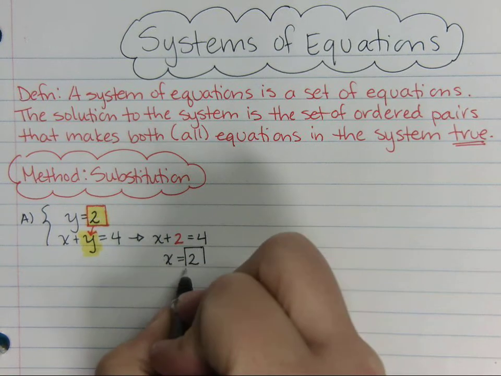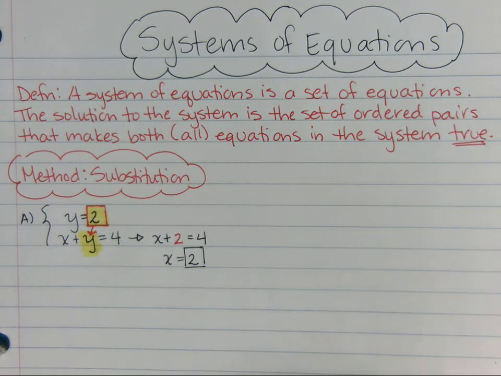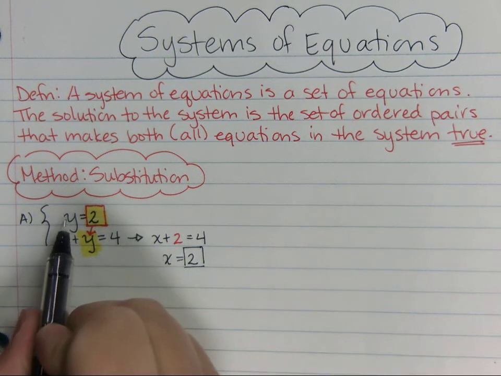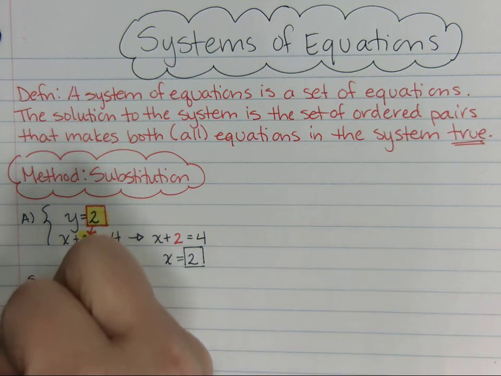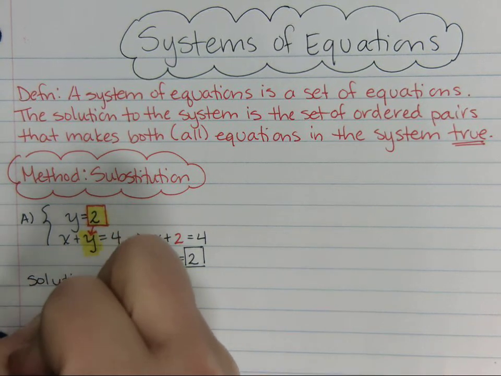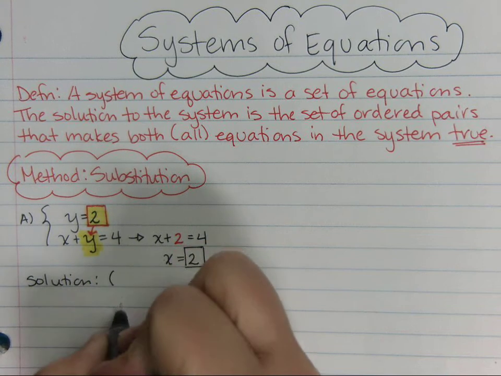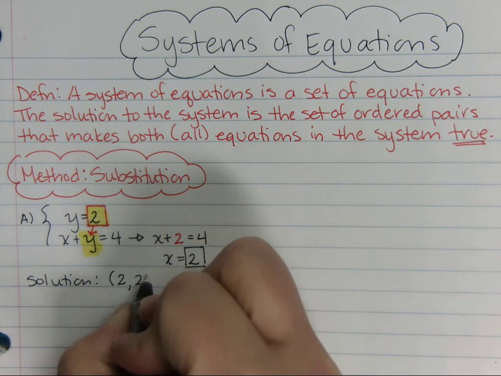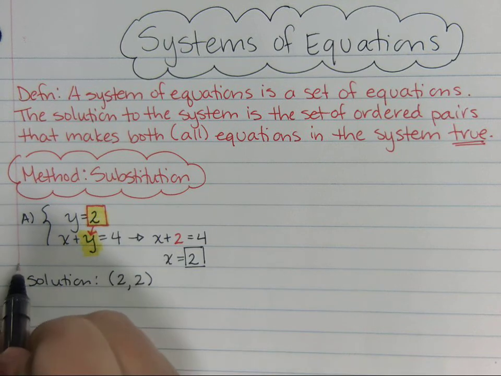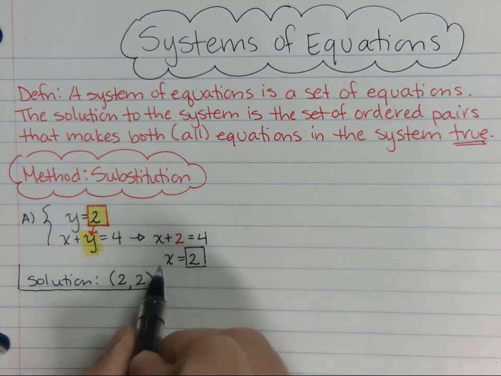Now our solution has to be an ordered pair. I need to know the value for x and I need to know a value for y. But our system started out already telling us what y was equal to. So in this case, our solution is going to be the value of x equals 2 and y equals 2. And this is how you're going to write your solution. You're going to write it as an ordered pair.